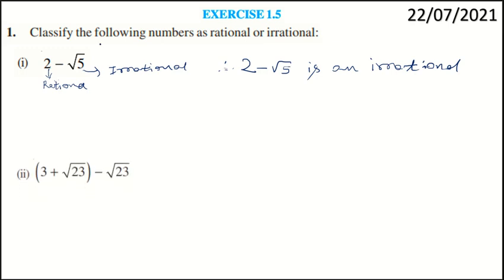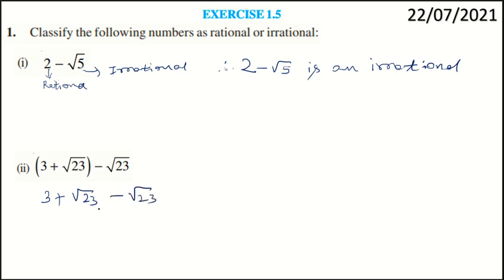Now coming down to question number 2, 3 plus root 23, which we can write as 3 plus root 23 minus root 23. You know this root 23 value is the same, where once added and another time subtracted, it can be cancelled.